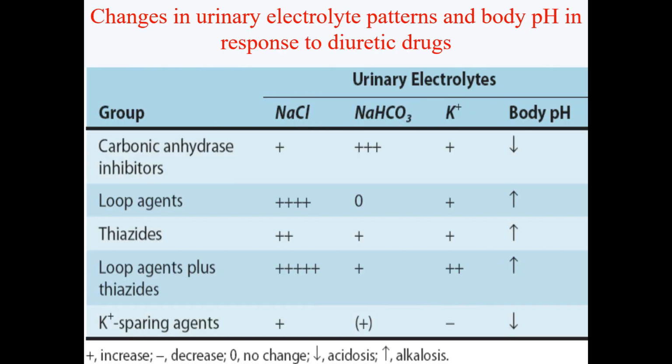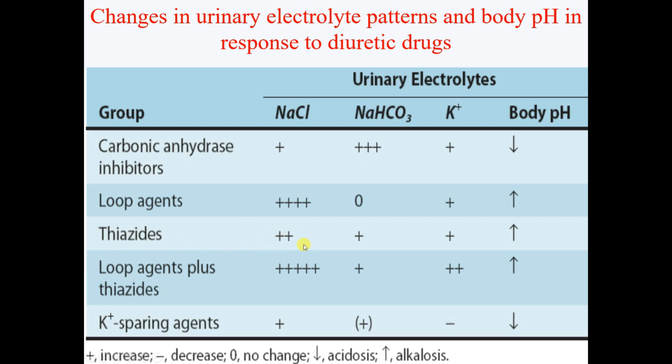And here you can see changes in urinary electrolyte patterns and body pH in response to diuretic drugs. For example, carbonic anhydrase inhibitors increase sodium chloride, very much increase sodium bicarbonate, increase potassium, and provide acidosis. Loop agents, you can see 4 pluses, so it is a very large increase of sodium chloride, no change in sodium bicarbonate, little increase in potassium, and alkalosis.